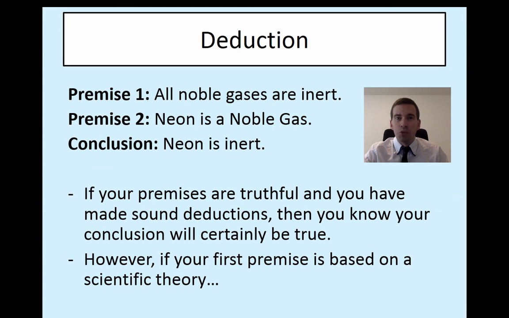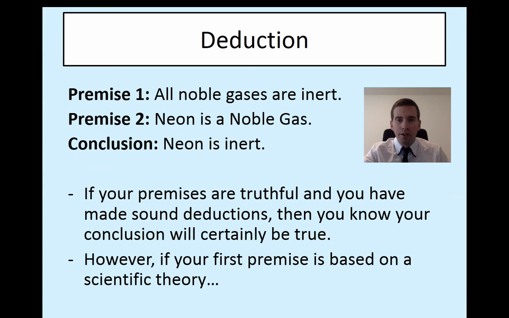But remember, it was a cycle. Those theories are then further tested. So if our first premise is based on a scientific theory, that scientific theory is not necessarily 100% correct. Therefore, any deductions made from it, again, are not necessarily true.